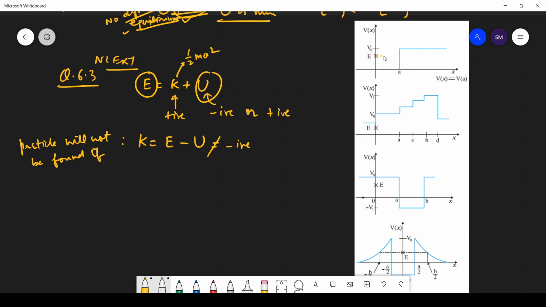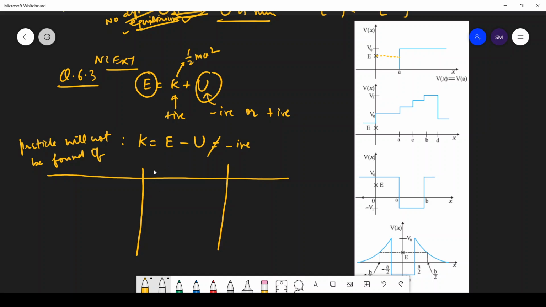Look here, at this point, this is the mechanical energy, and potential energy is greater than mechanical energy. So will K be positive or negative?